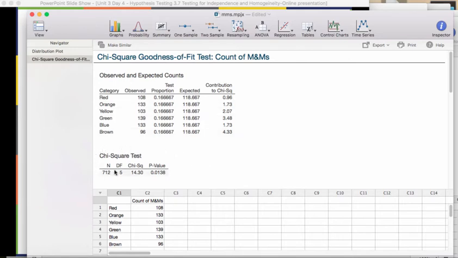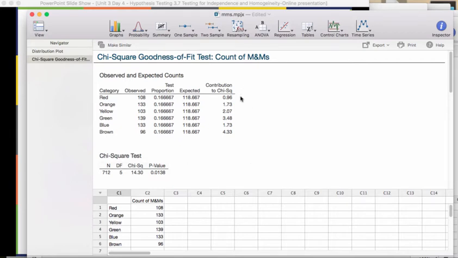Okay, a couple of things to note. We also have the results of our chi-square test, which we're going to look at a little bit more analytically later. Our test statistic of the chi-squared is going to be 14.30, and our p-value is going to be 0.0138. That's something that we're going to record and use.